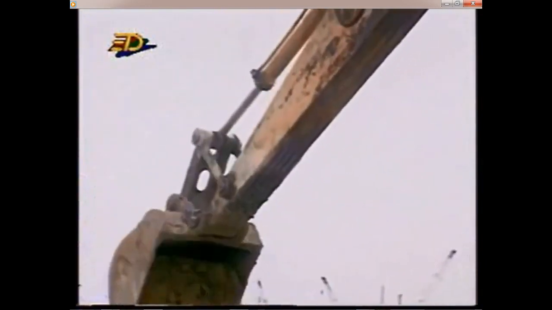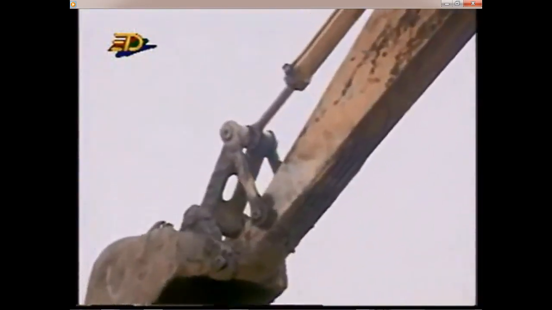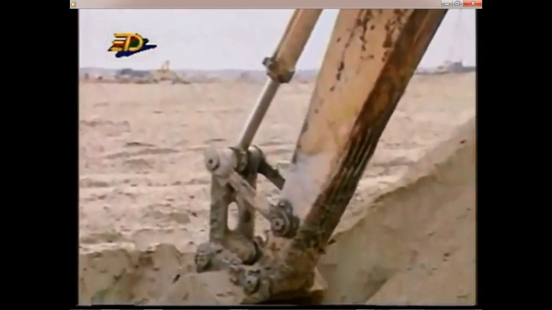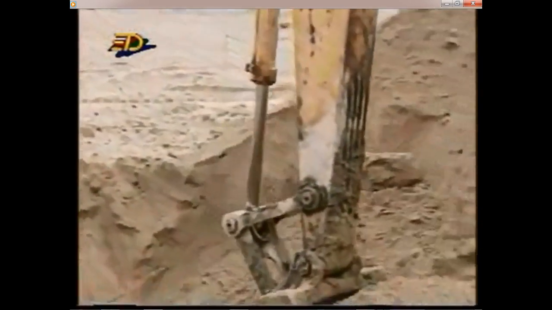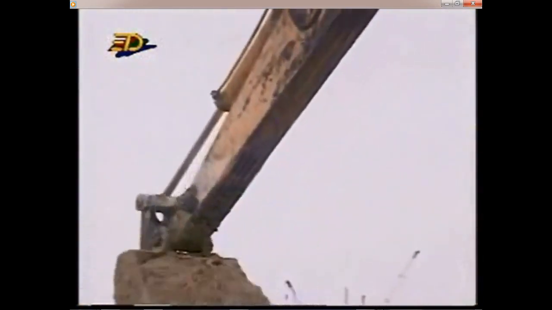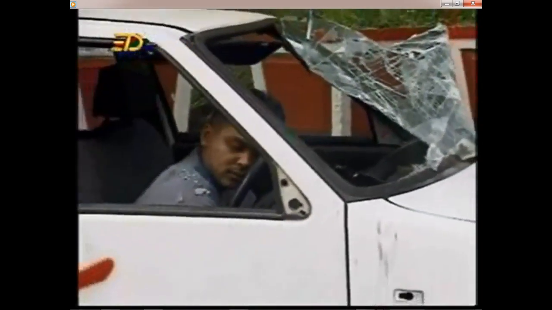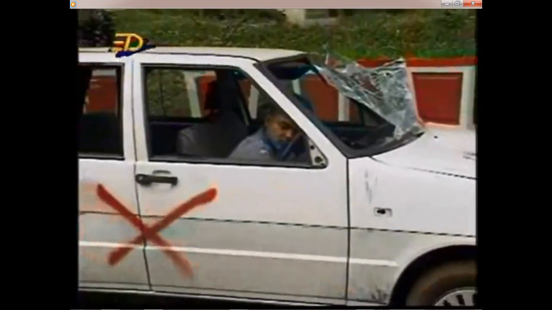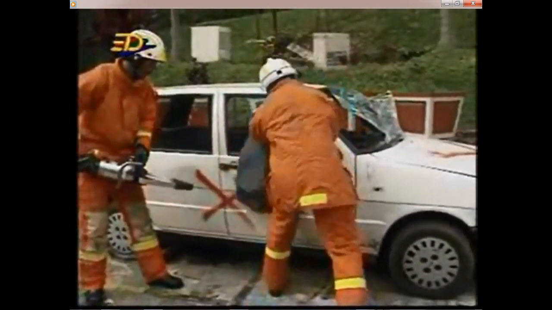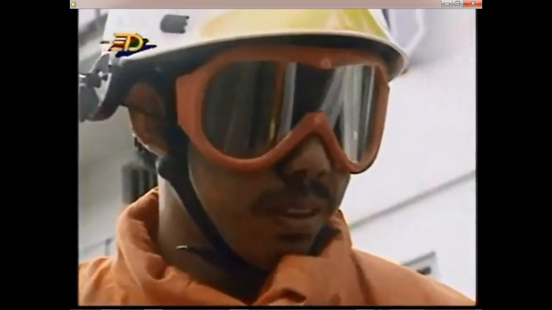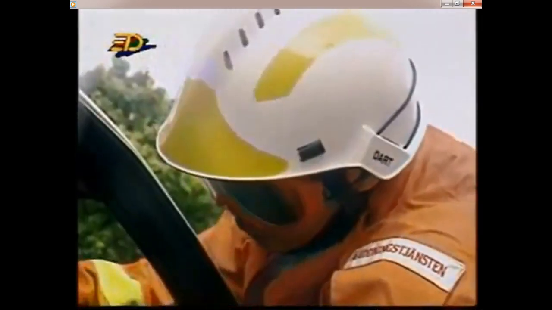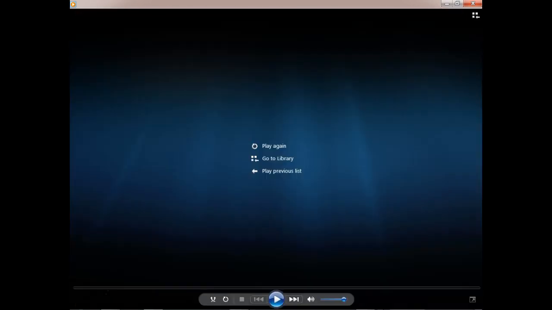The hydraulic system will cause pistons to move a part of the machine back and forth. Imagine what it would be like if all this work had to be done without the help of these hydraulic machines. An accident? Thank goodness it's only a practice for the civil defense officers. They're trying to rescue.